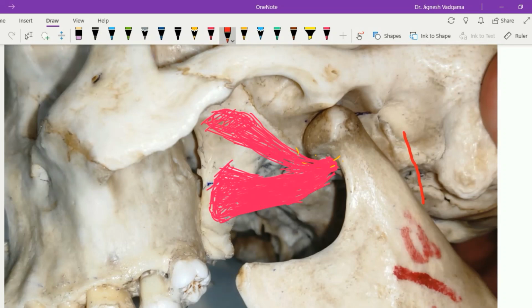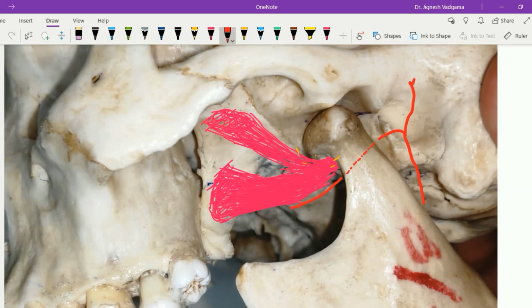The external carotid artery divides into the maxillary artery as well as the superficial temporal artery just behind the neck of the mandible, and the maxillary artery runs medial to the neck of the mandible and reaches the lower border of the lateral pterygoid muscle.